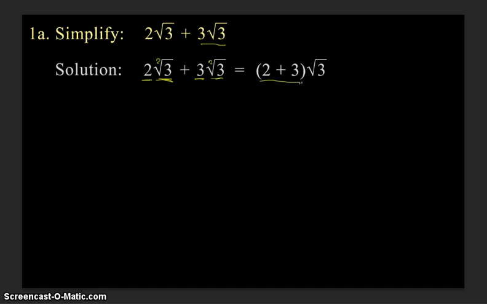So, i-add lang natin to. 2 plus 3, that is 5, times square root of 3. Okay. So, yung square root of 3 naman is not a perfect square root. So, hindi siya pwedeng lumabas sa radical sign. So, this is our final answer.